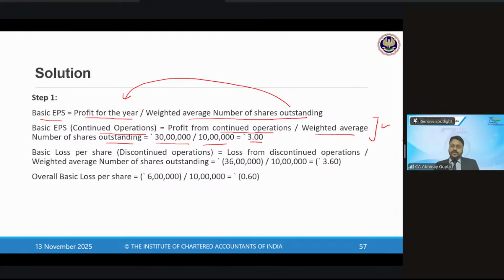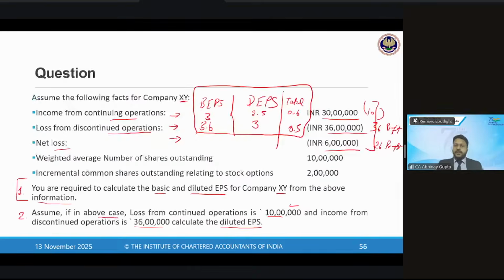Then basic loss per share, discontinued operations: loss from discontinued operations divided by weighted average number of shares outstanding. 36 lakhs divided by 10 lakhs, 3.6. This answer is also correct. And then overall, at the total P&L level, the loss is 6 lakhs divided by 10 lakhs, 0.6. So these three answers are correct for us.